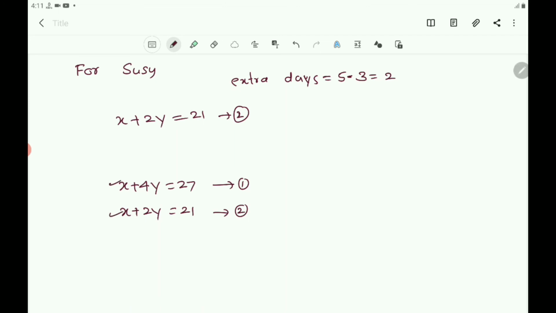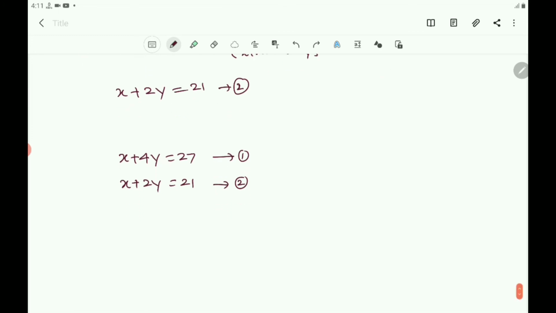So by which operation, addition or subtraction? Observe the sign of the variable to be cancelled, which is positive in both. As they have the same sign, we have to subtract one equation from the other.